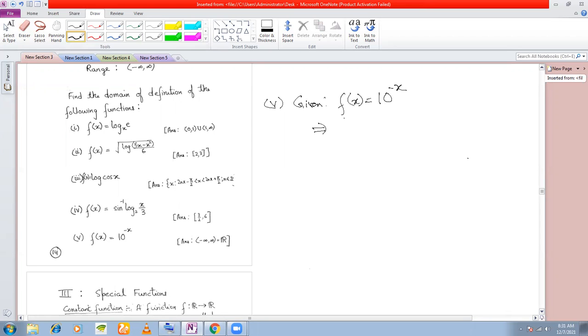Which can be written as f of x is equal to 1 by 10 to the power of x. Which can now be written as f of x is equal to (1 by 10) to the power of x, right? Now what is this? This is an exponential function, right? So here f of x is an exponential function.